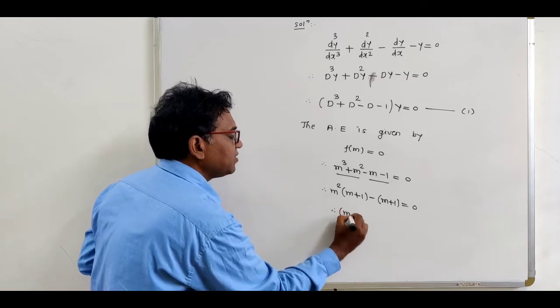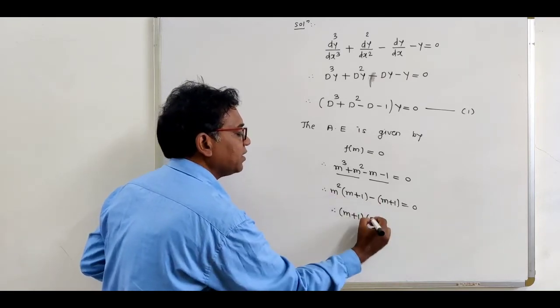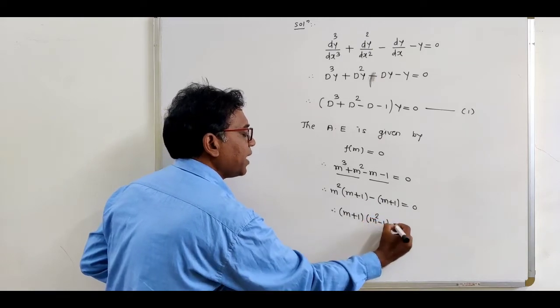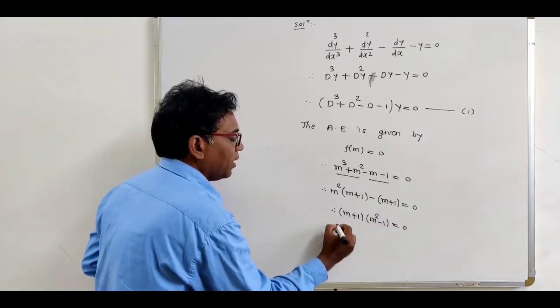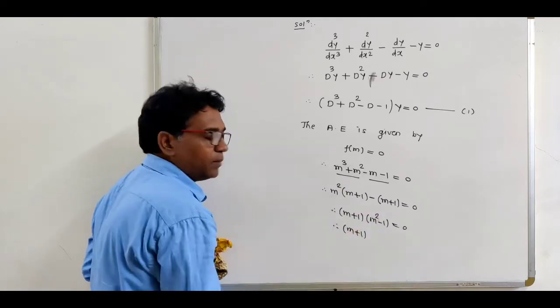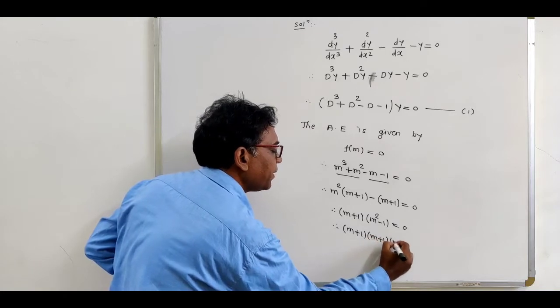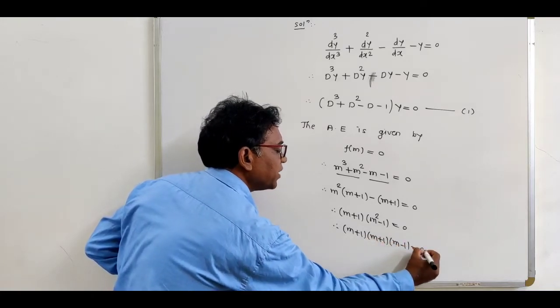So m plus 1 is again the common term, into the second bracket, the remaining term is m square minus 1 equal to 0. Again find the factors: m plus 1, and factorize this m square minus 1. So the factors are m plus 1, m minus 1 equal to 0.